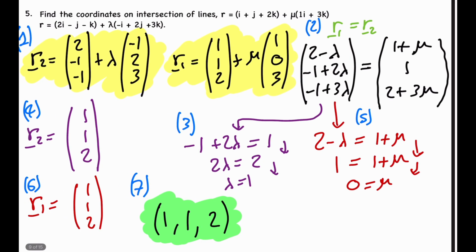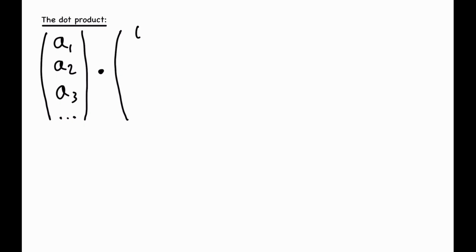Now let's move on to the dot product. Say you have two vectors that look something like this, a1, a2, a3, and this carries on. And you have another vector, which we would do the dot product to, of b1, b2, b3, and it carries on as well.